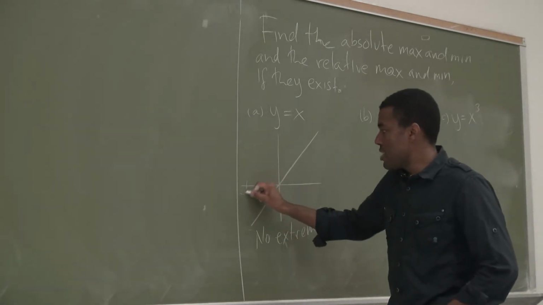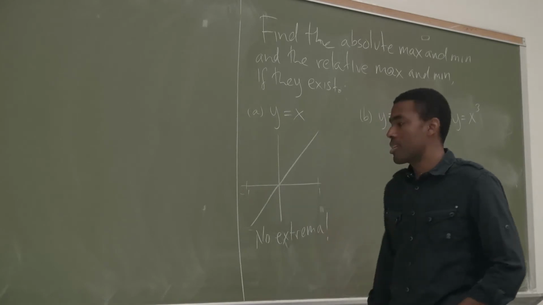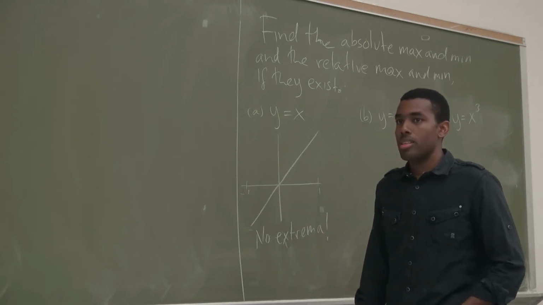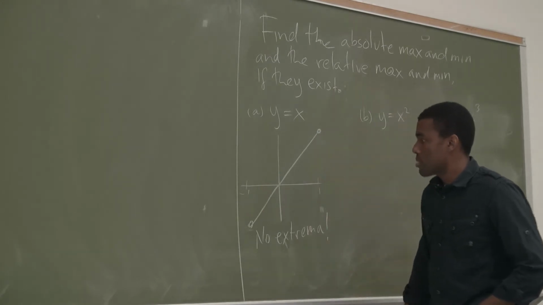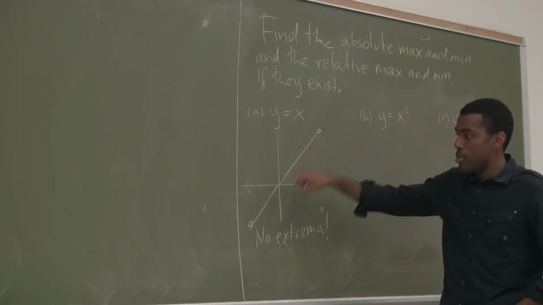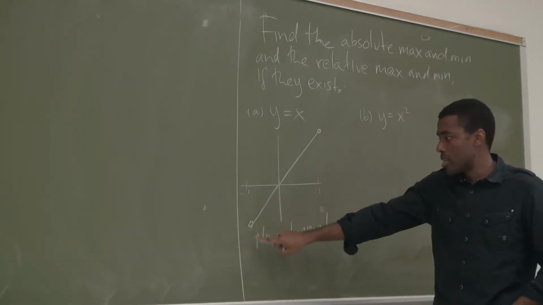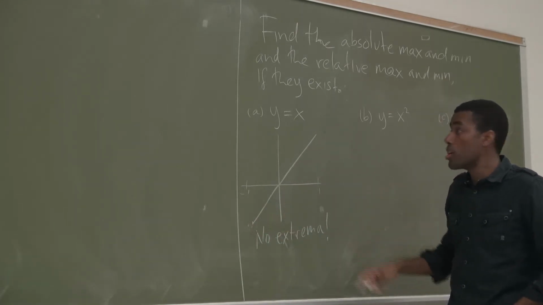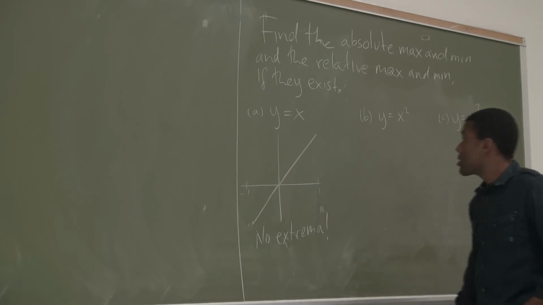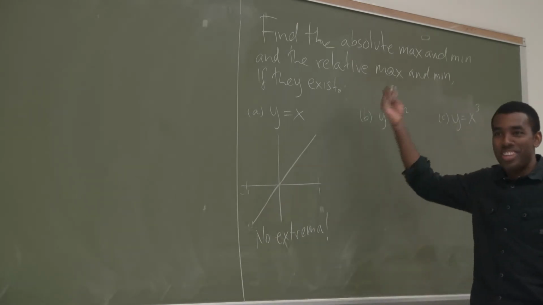What if I gave you an interval, like -1 to 1? Then this would be the absolute max, and that would be the absolute min. There's no relative max. They're filled in, yes. If I didn't fill one in, then there would be none.